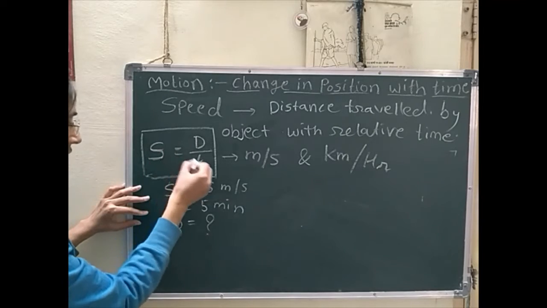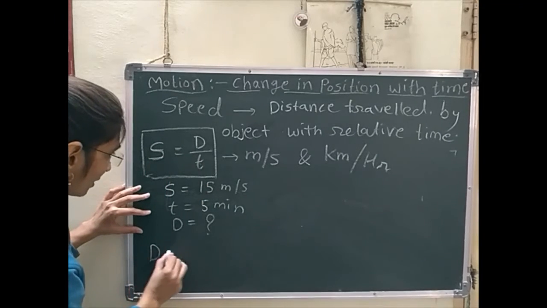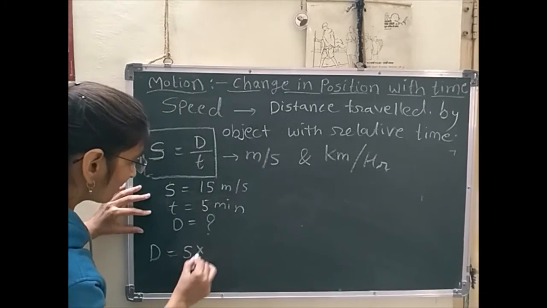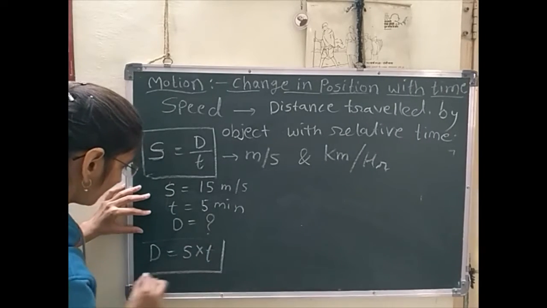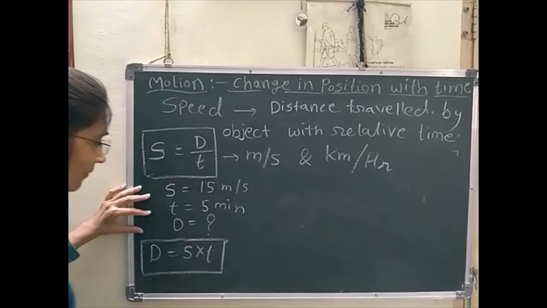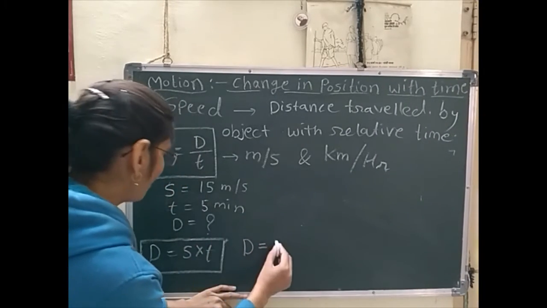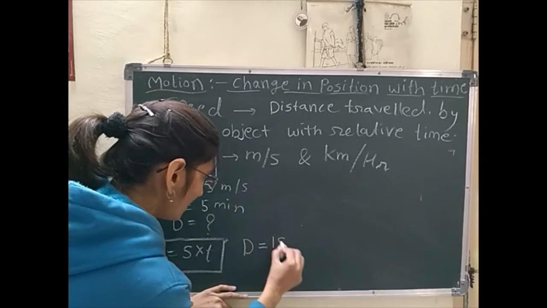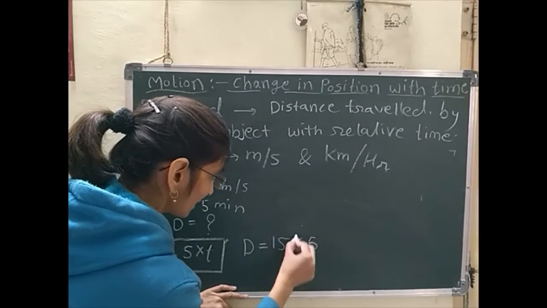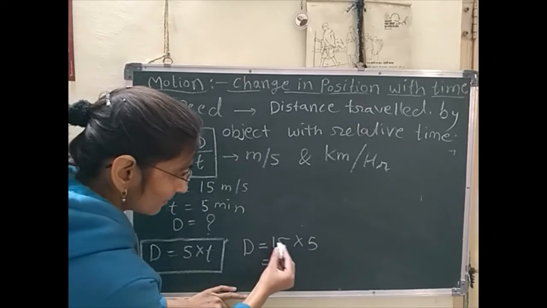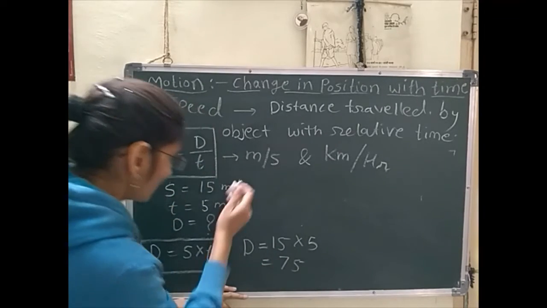We have to do cross multiplication. Distance is equal to S multiplied by T. That formula we have to apply here. So distance is equal to speed 15 and 5 is the time. 15 fives are 75 meter.